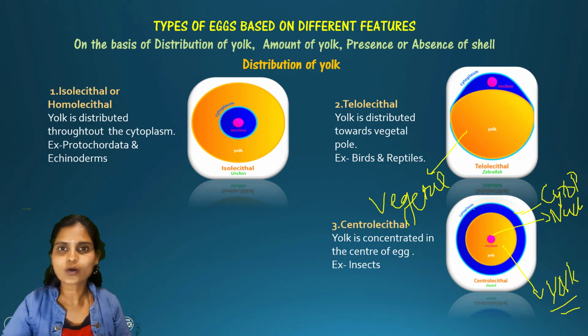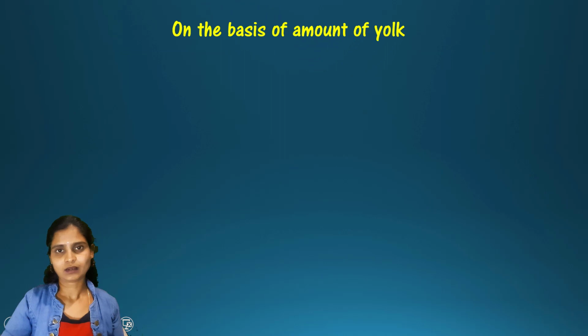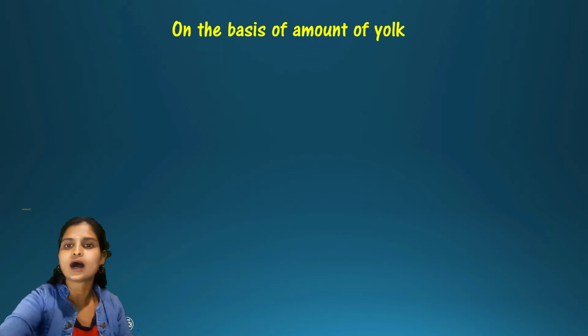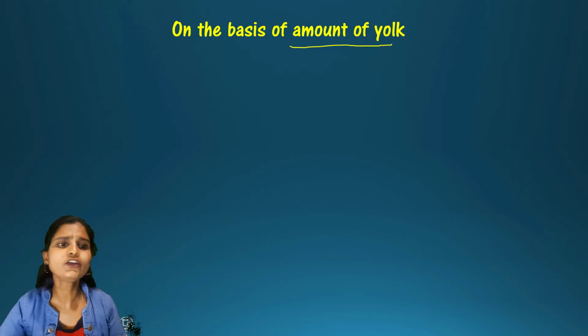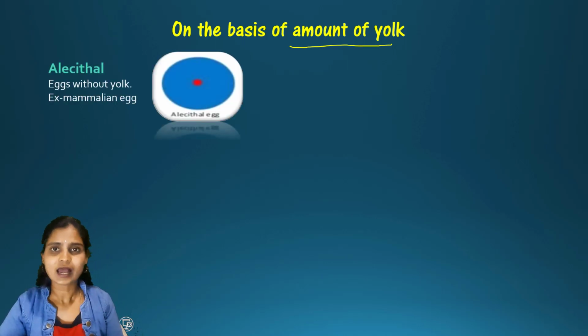Then next we are going to study how the eggs are differentiated depending on the amount of yolk. So now we can find here alecithal, as we have discussed, where yolk is absent. And if present, I am telling you, it is negligible, a very minute amount of yolk.